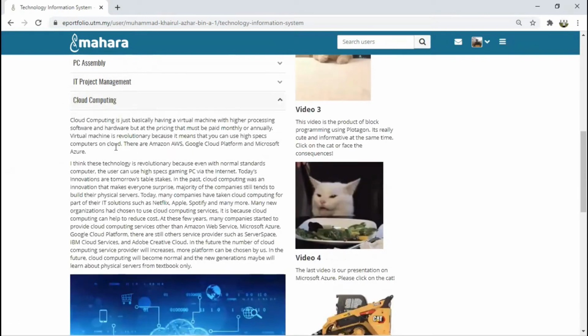Okay, as for the last assignment, it's about cloud computing. Cloud computing is really fascinating because you have the chance to get a higher-processing virtual machine without having it in hand.